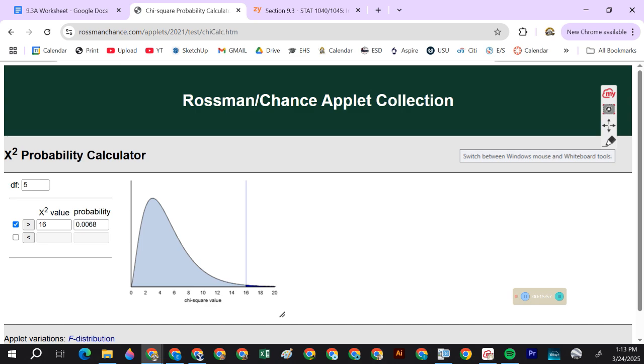Okay. Now, this is a little bit weird because is this a one-tailed or a two-tailed test? Well, it sort of looks like a one-tailed test because we want to know, are they all the same or are some of them different? But we're not graphing on a normal curve. This chi-squared is always going to be right-tailed.